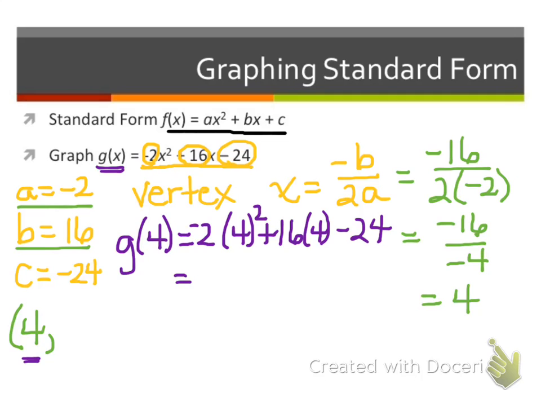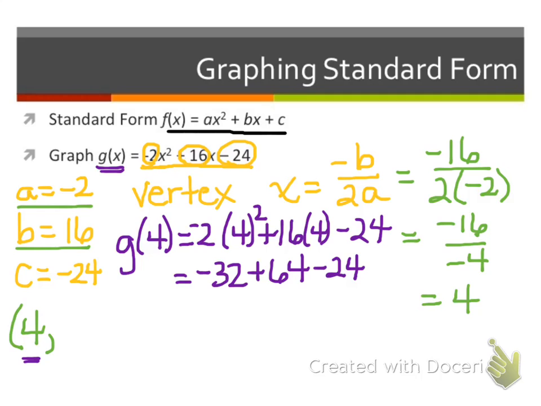So if we start doing some evaluating, we know that 4 squared is going to be 16. 16 times negative 2 will give us a negative 32. Then we've got 16 times 4, which will give us a 64. And then we've got that minus 24.